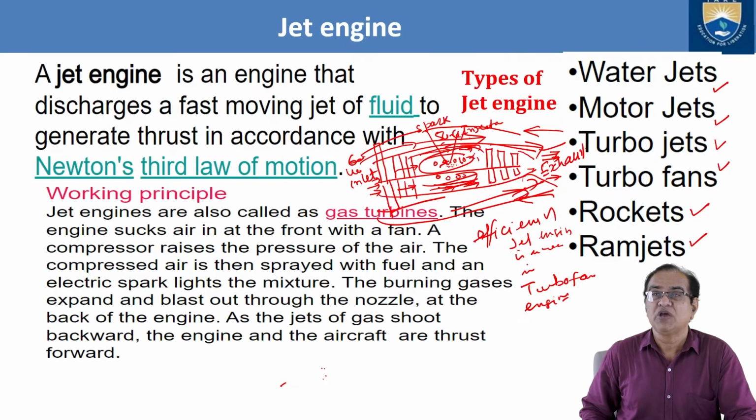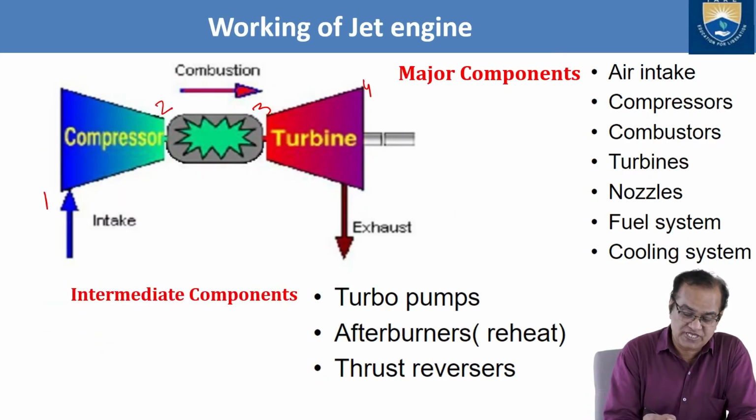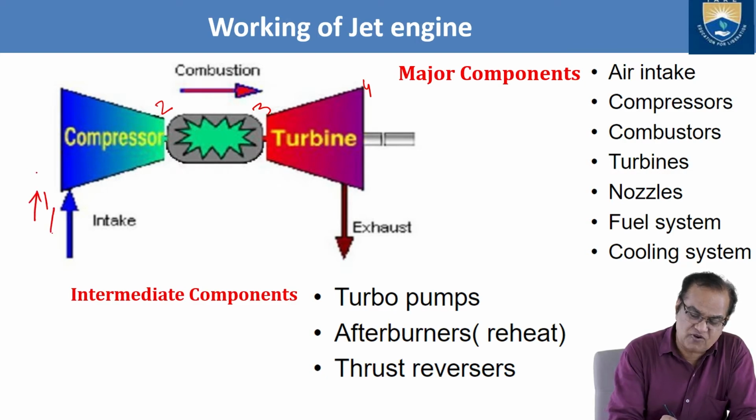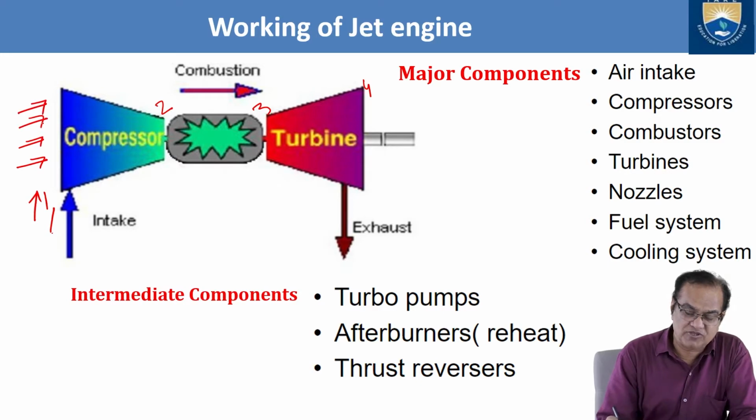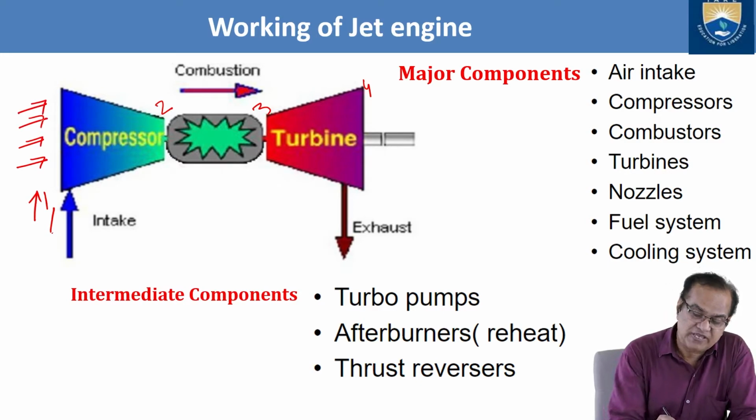You see in this air intake, air is flowing from here. I am talking about the airflow, and here it is at atmospheric pressure and atmospheric temperature. Both are entering the compressor. Here the pressure and temperature will be high.